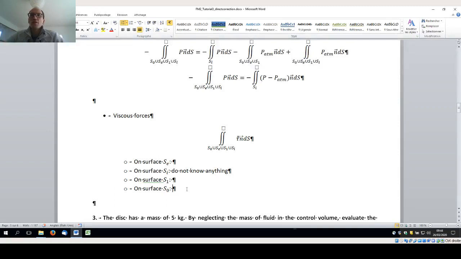So on surface S0, we have parallel flow. S1, this is parallel flow.